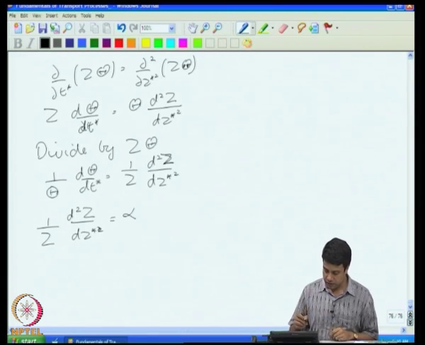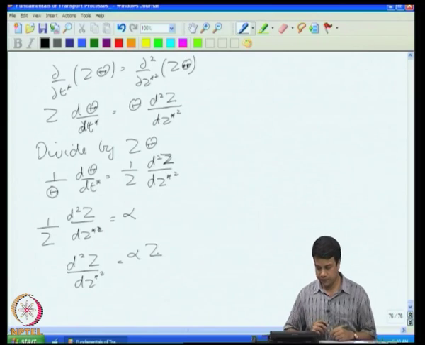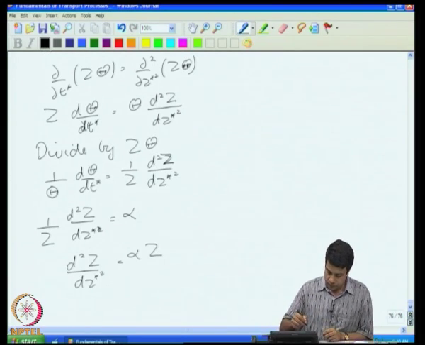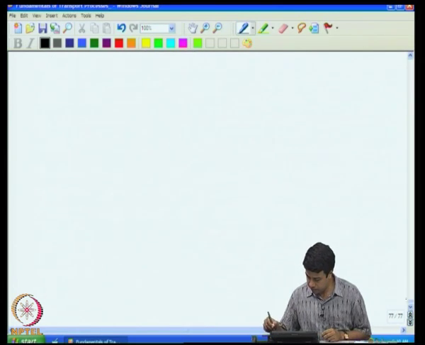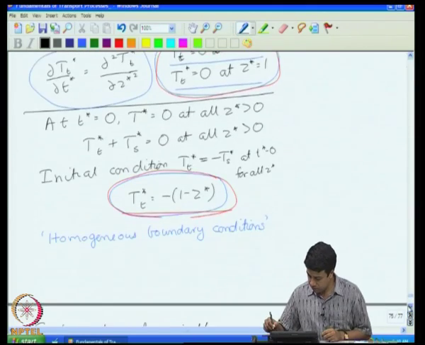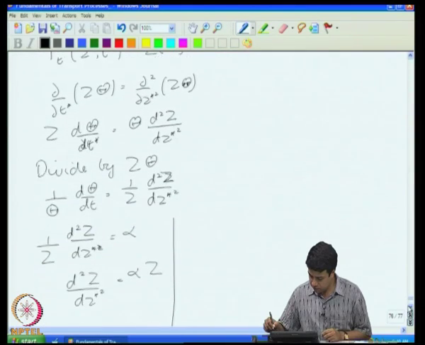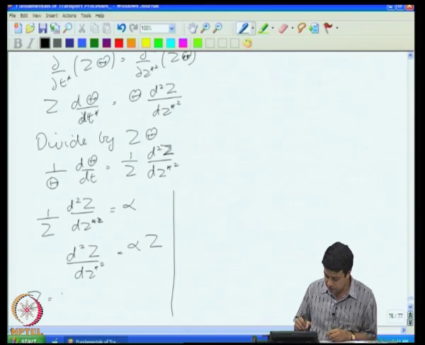So, therefore, the equation d square Z by dz star square is equal to alpha times Z. For the moment, we will assume that this constant is positive. The solution of this will be of the form Z is equal to A e power root alpha z star plus B e power minus root alpha z star.